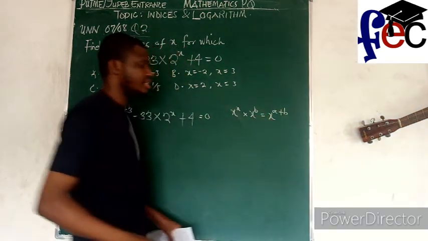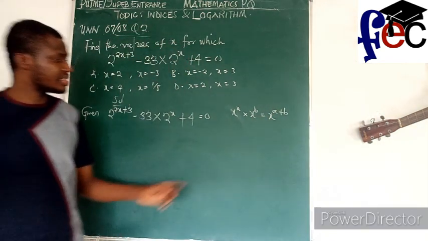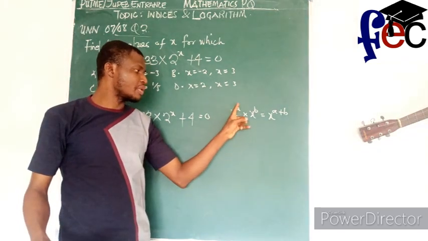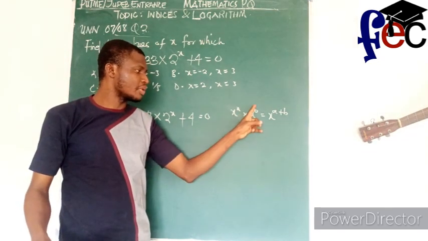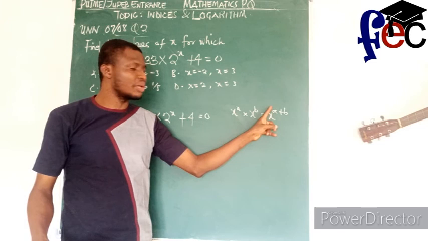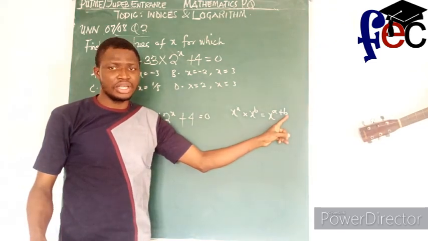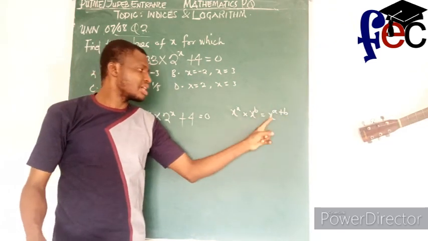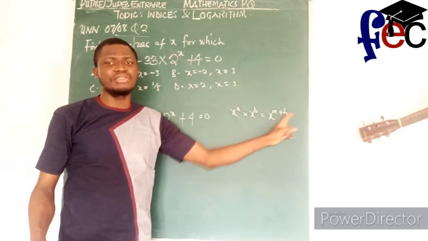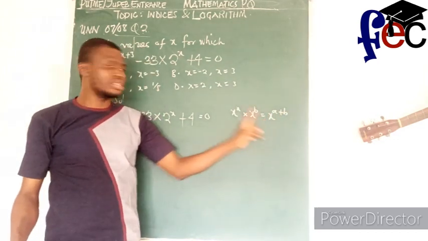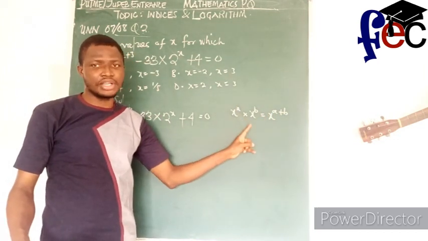One of the things I need to show you from here is that if x raised to power a multiplied by x raised to power b gives you x raised to power a plus b, then it means that x raised to power a plus b can also be the same thing as x raised to power a times x raised to power b.